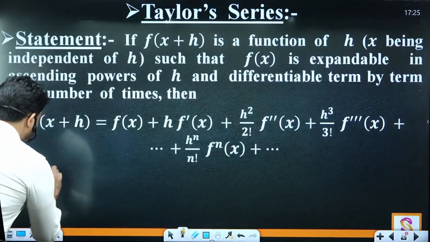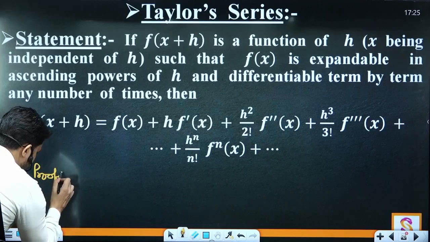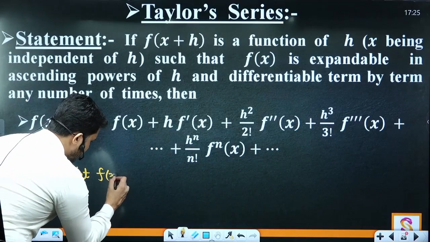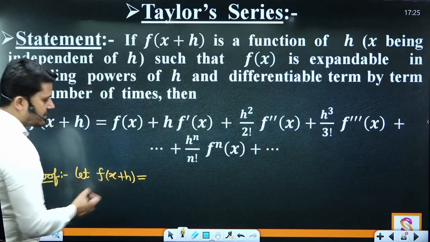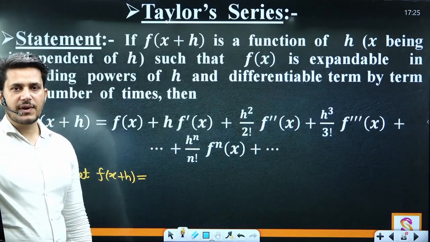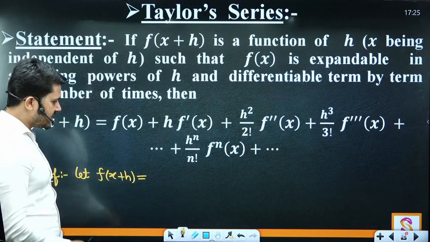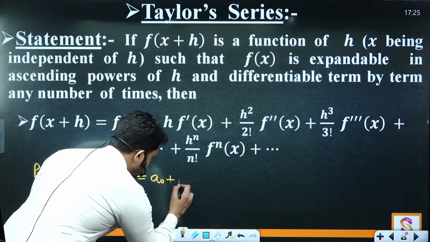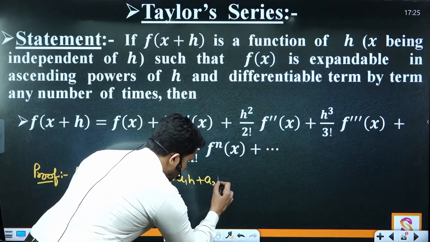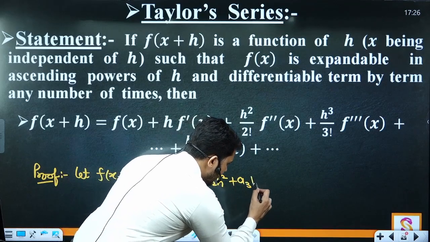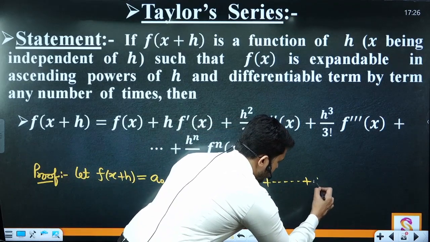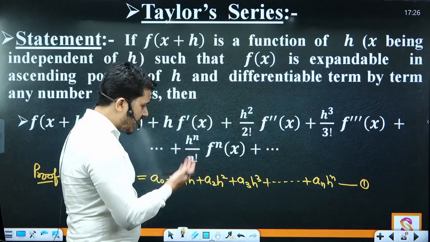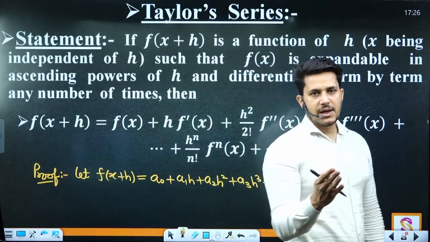सो प्रूफ में लिखो, proof: let f of x plus h, means given function this x plus h, can be considered in terms of h. h की टर्म्स में आप उसको कंसीडर करेंगे, जैसे उसमें माना a0 + a1 x + a2 x square and so on. Similarly you will consider a function a0 + a1 h + a2 h square + a3 h cube and so on, an h to the power n, equation number 1, be any function which can be expanded in ascending powers of h and can be differentiated term by term.